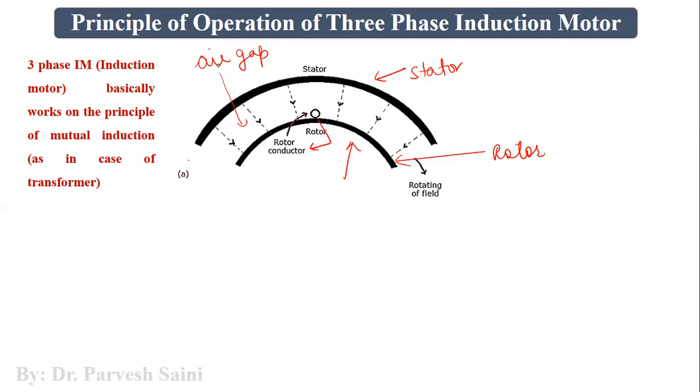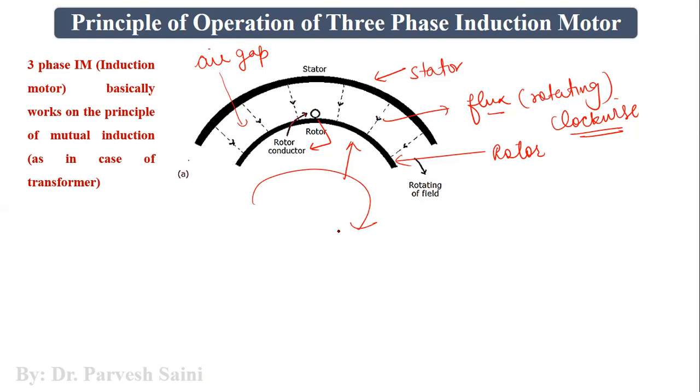We are understanding this concept by taking a portion of the three-phase induction motor, as a symbolic representation. We have a conductor placed on the rotor, and this is the flux, which has a rotating nature. It is rotating in the clockwise direction, for example.